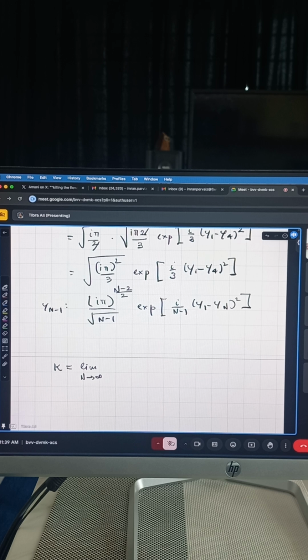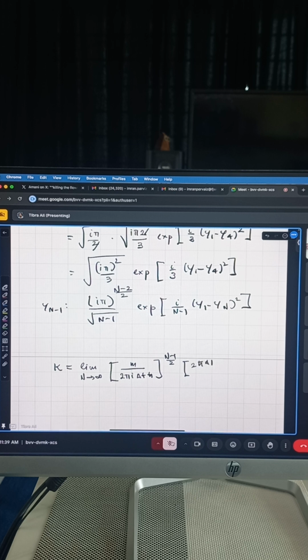And then the Jacobian factor we had, 2 h bar delta t by m, to the power big N minus 2 over 2. And now this new factor, so this is I pi to the power n minus 2 by 2 over square root of n minus 1.